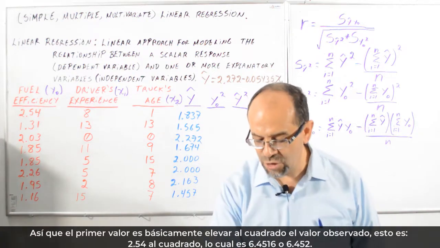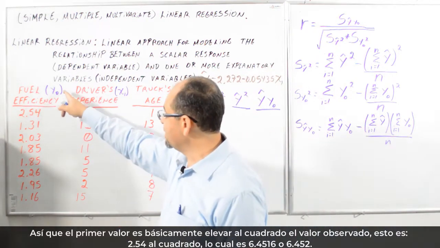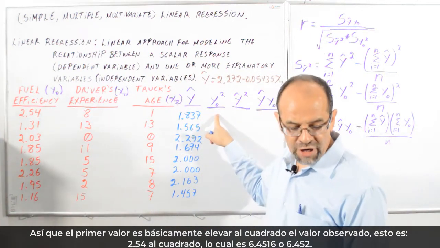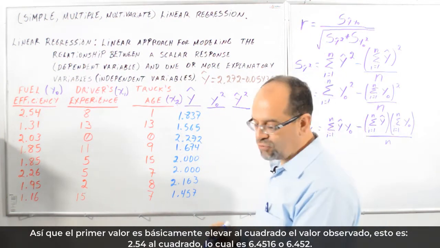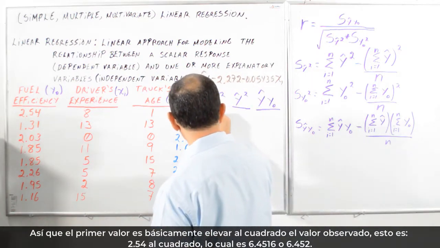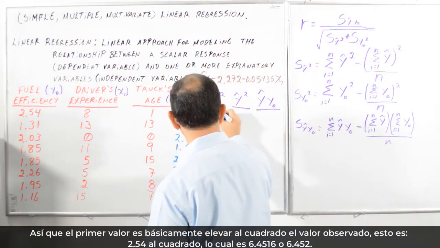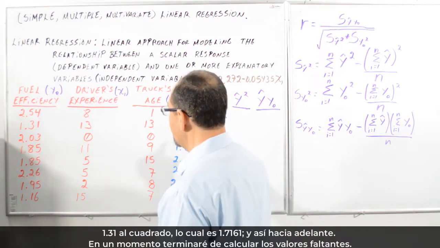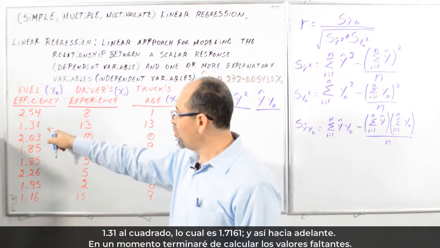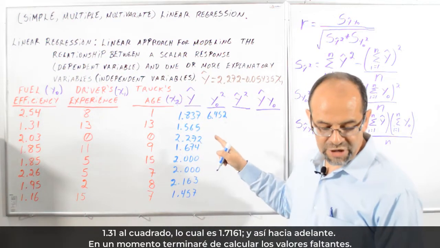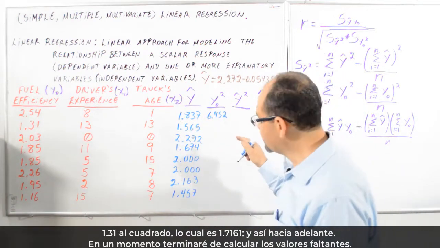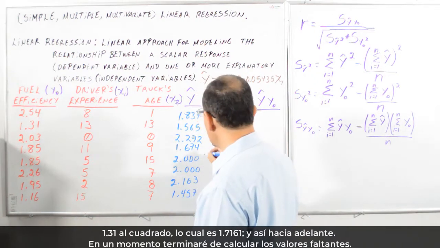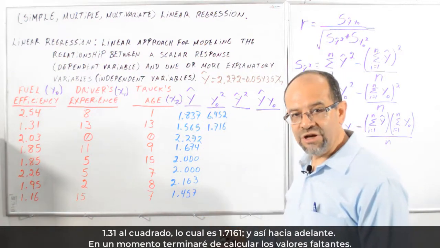So the first value is to obtain the observed squared, which is 2.54 squared, which is 6.4516, or 6.452. Then 1.31 squared, which will be 1.7161. And so on, I will continue doing that.